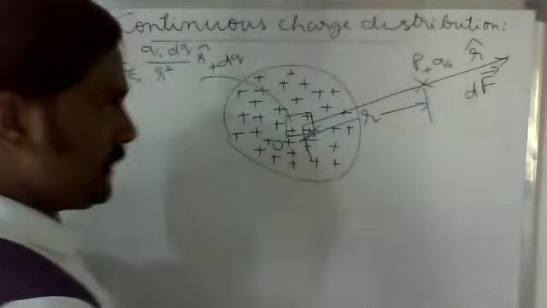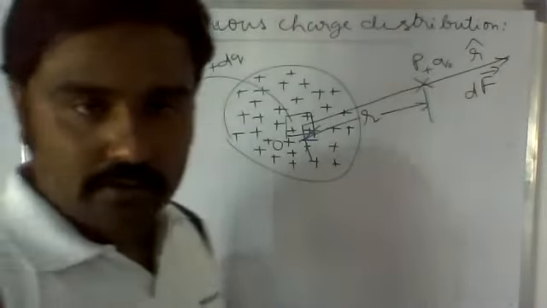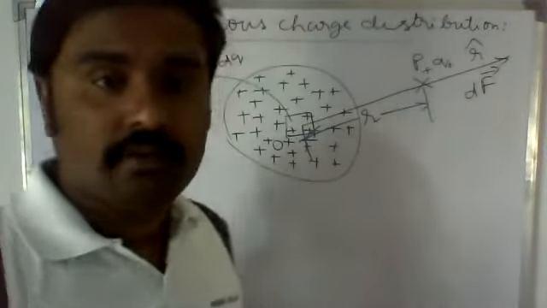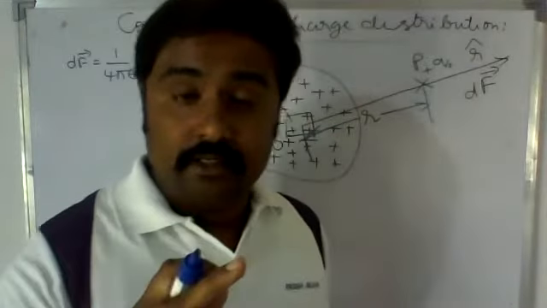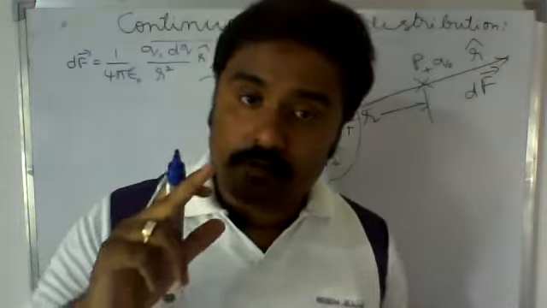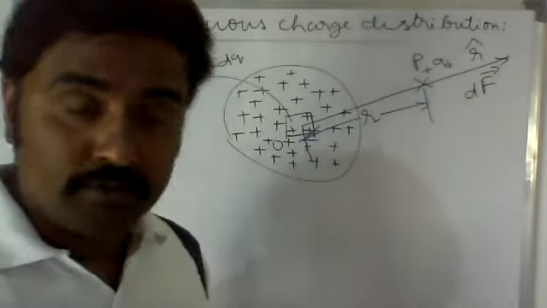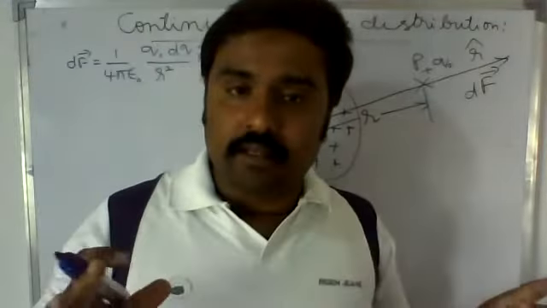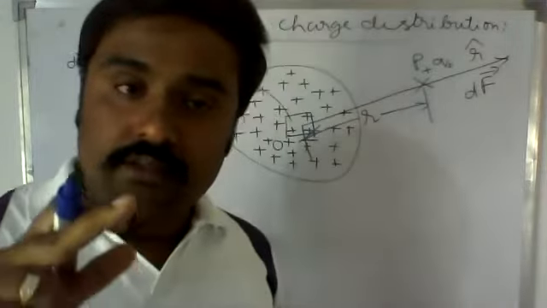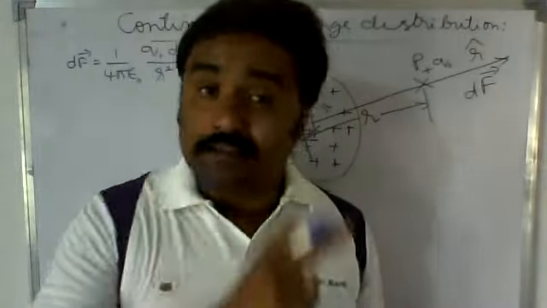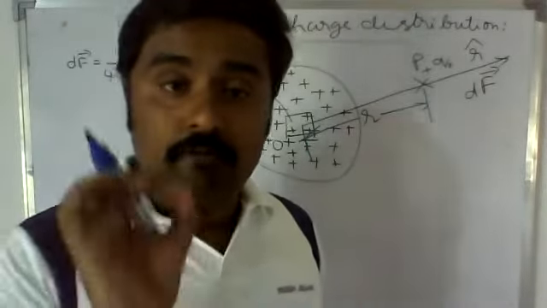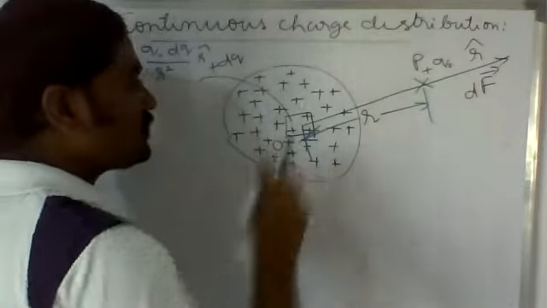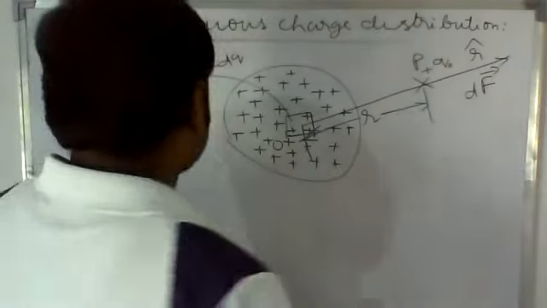But we have to calculate the net force, the resultant force acting on plus Q naught due to the entire continuous charge distribution, and that can be calculated by using the principle of superposition. According to the principle of superposition, the net force at point P due to the entire continuous charge distribution is given by the vector sum of forces produced by individual small charges in the continuous charge distribution.